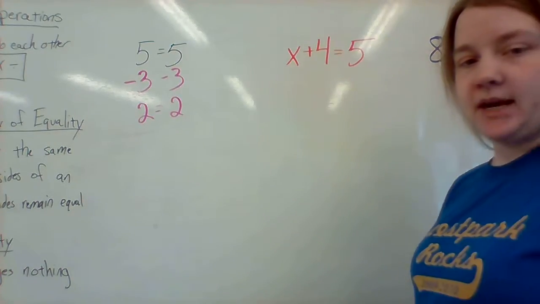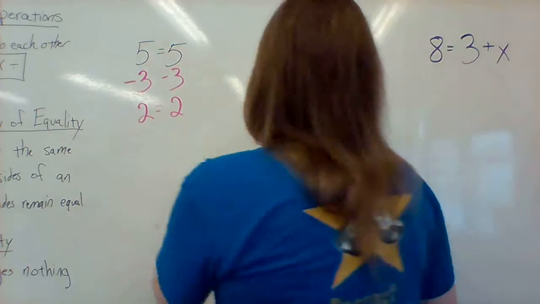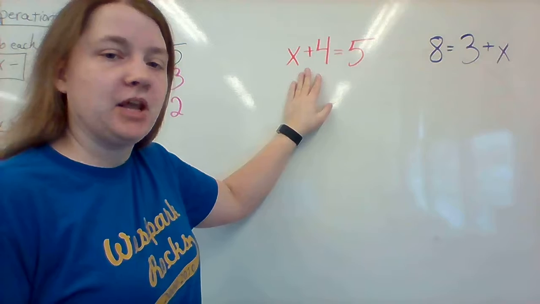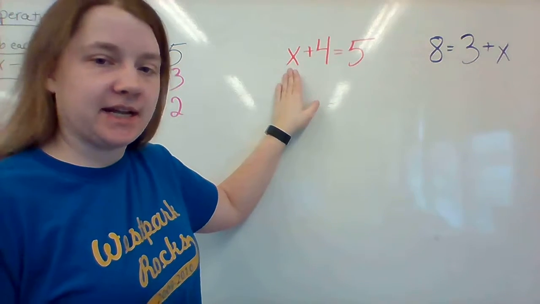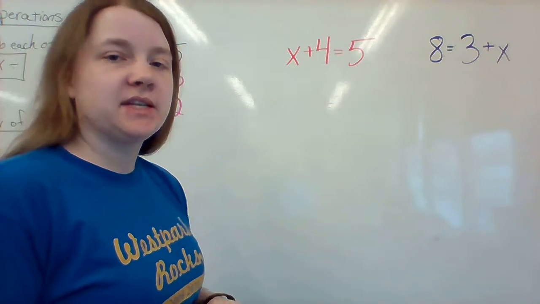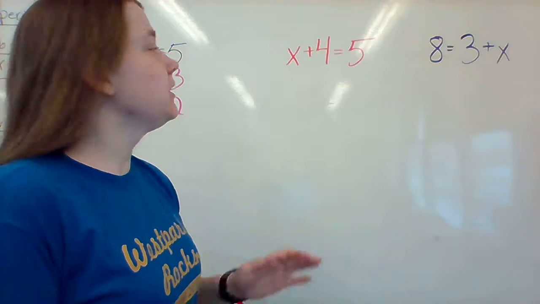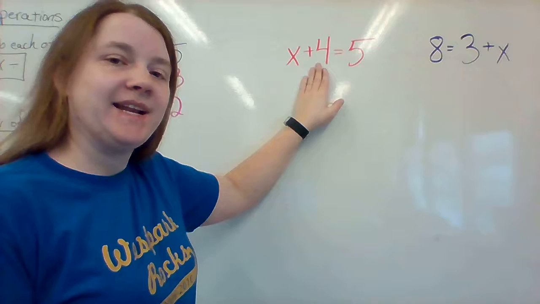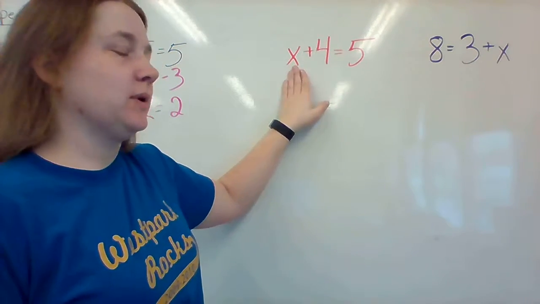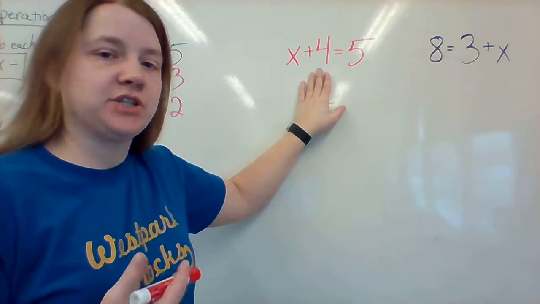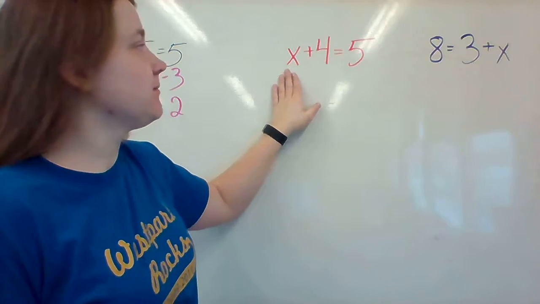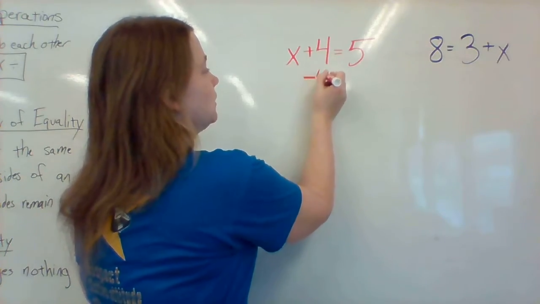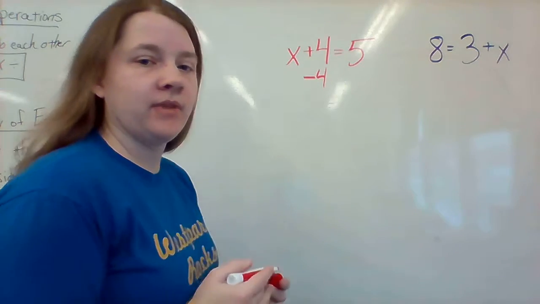We have x plus 4 equals 5. In order to solve this problem, in order to figure out what x means, we need to get x all alone. In order to get x all alone, I need to take this 4 and get it out. I don't want to know what is x plus 4. I just want to know what is x. So in order to do that, I'm going to subtract 4 from this side.